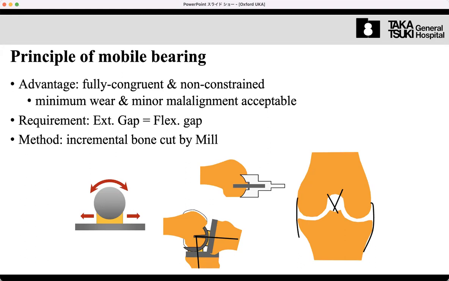So before the gap balancing, all osteophytes, especially on the medial border or the medial femoral condyle, should be removed completely. Then adjust the flexion and extension. Then we go to the next step. So first of all, removing osteophytes is very, very important. Then we can move on to the next step, gap adjustment.